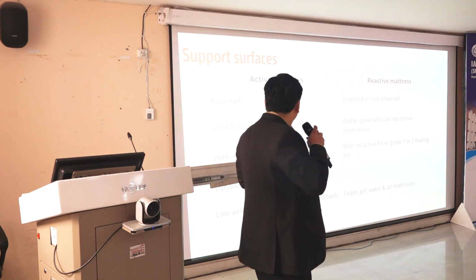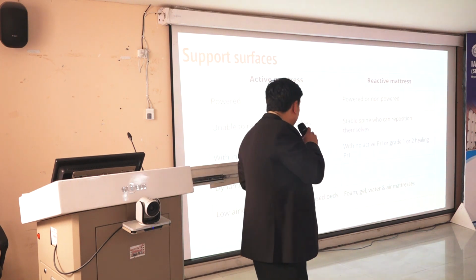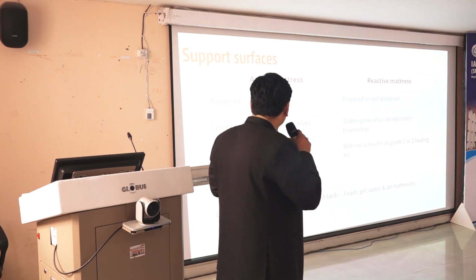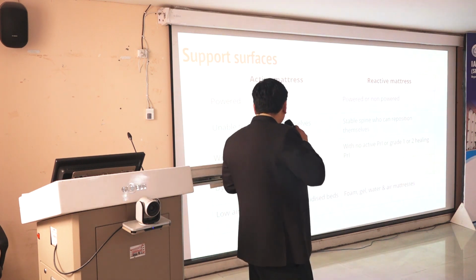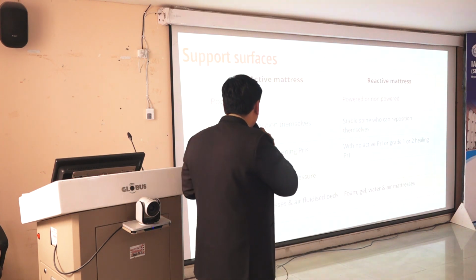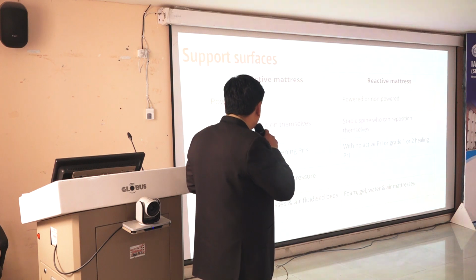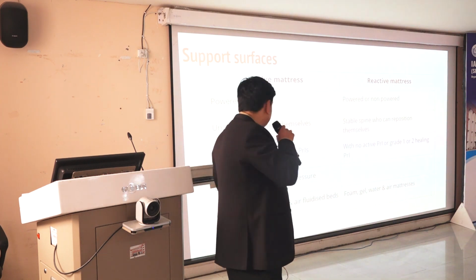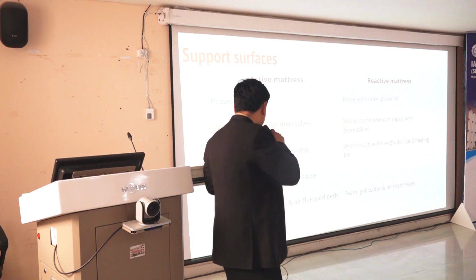These are the various types of mattresses available. Some are active mattresses, others are reactive mattresses. Active mattresses are powered ones. They are used in patients who are unable to reposition themselves, or with incident or worsening pressure sore injuries. They dynamically redistribute pressure.